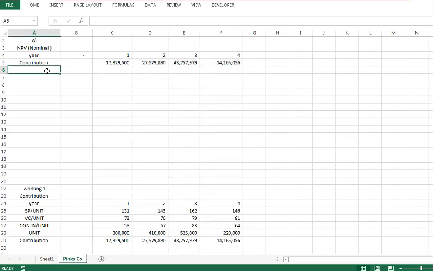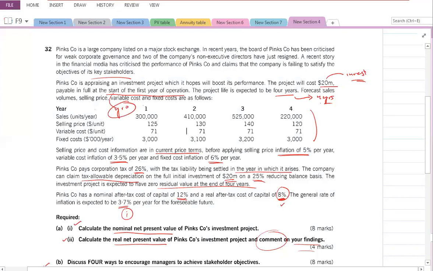Now the fixed cost, we can actually do it within the main answer. We don't have to do it separately in the working. The fixed cost is 3,000,000, 3,100,000, 3,200,000, and 3,000,000. Now in this one, you can see that 3 million is the same for year 1 and year 4, but the middle ones will need to be adjusted and inflation rate is 6%.